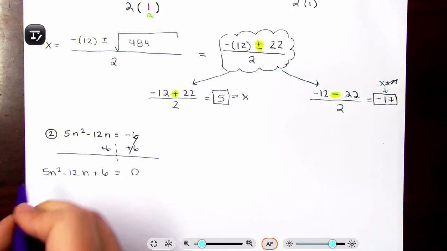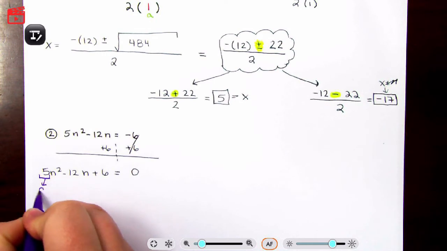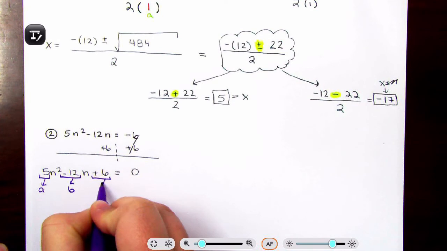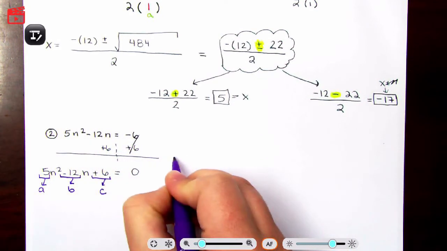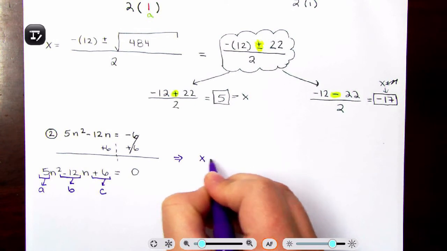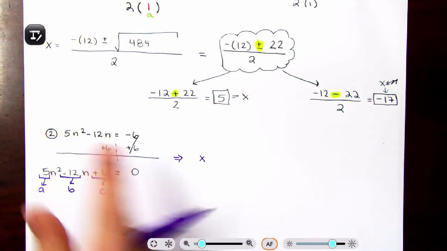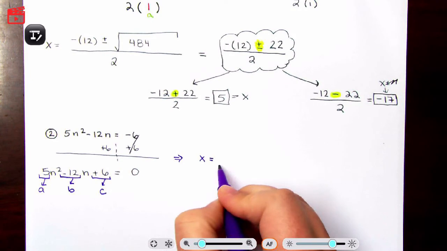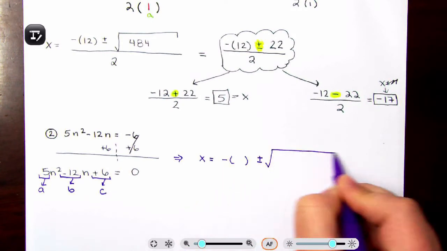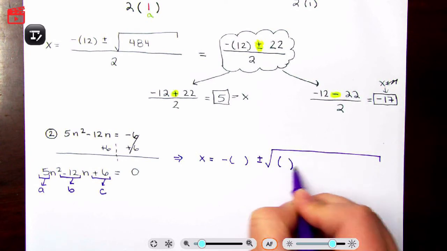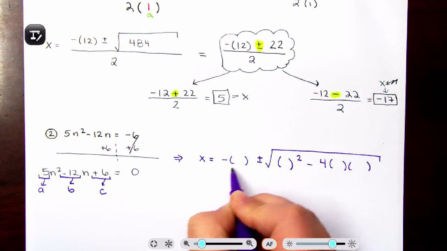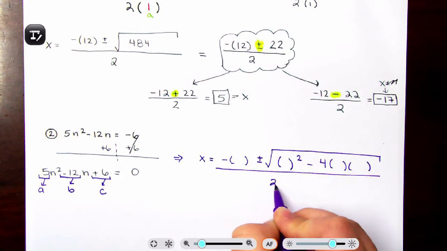Let's label all of our a's, b's, make sure to take the symbol with it, and c's. Rewrite your quadratic formula. X, or n in this case, is equal to minus b plus or minus the square root of b squared minus 4ac, all of that divided by 2a.